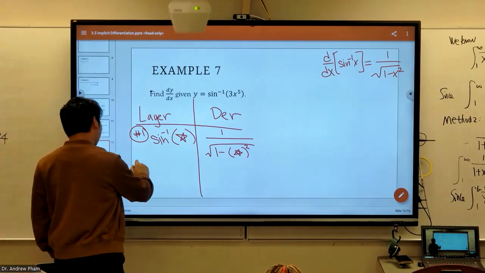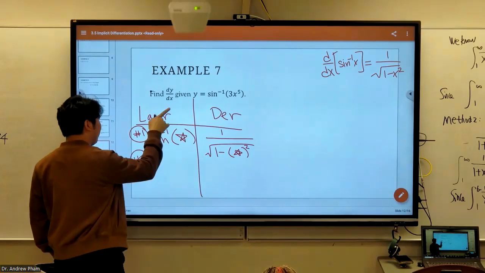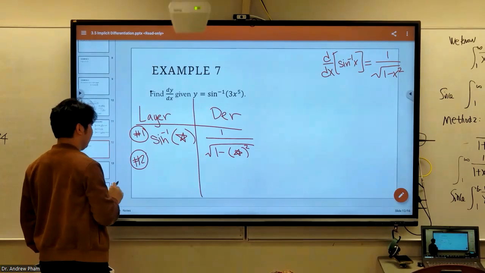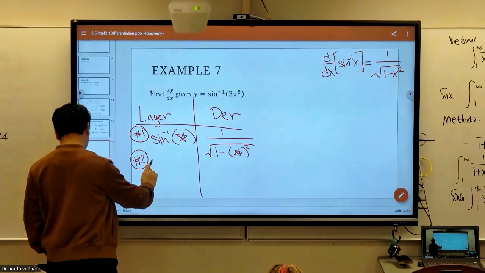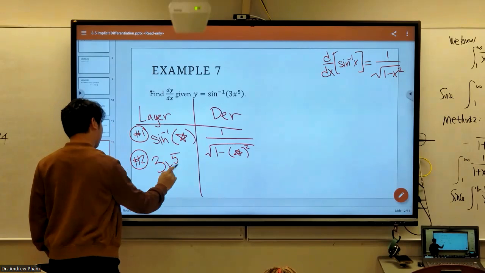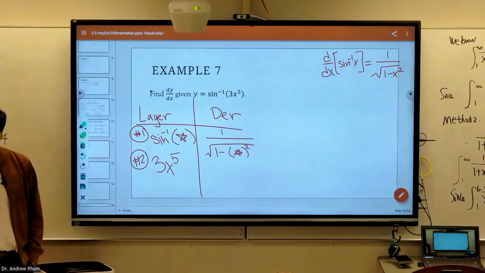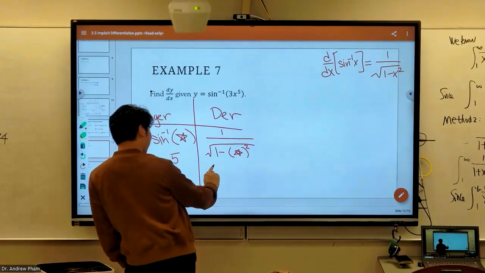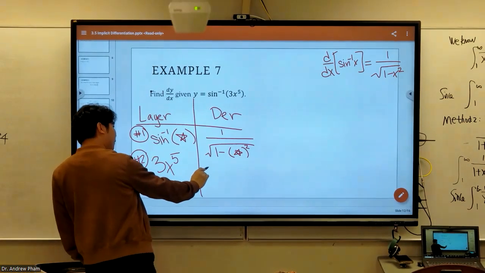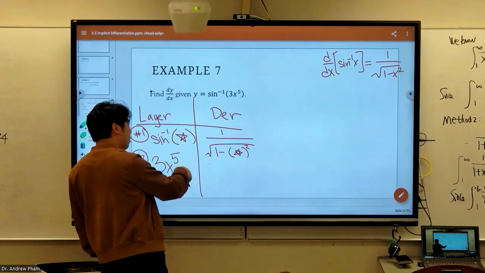What's my secondary layer for this function? Yeah, I got 3x to the fifth. And then we know what the derivative of 3x to the fifth is. What's that derivative? So we can definitely use the power rule.